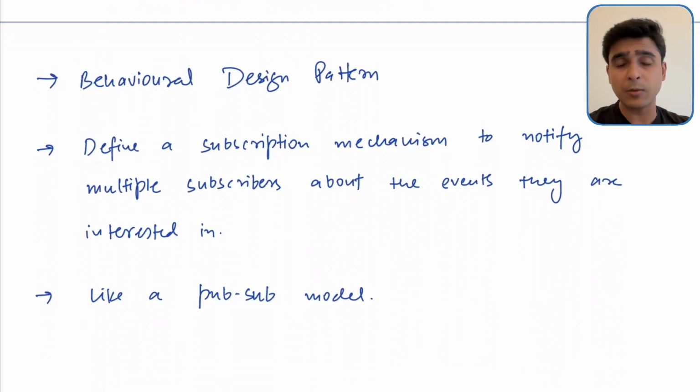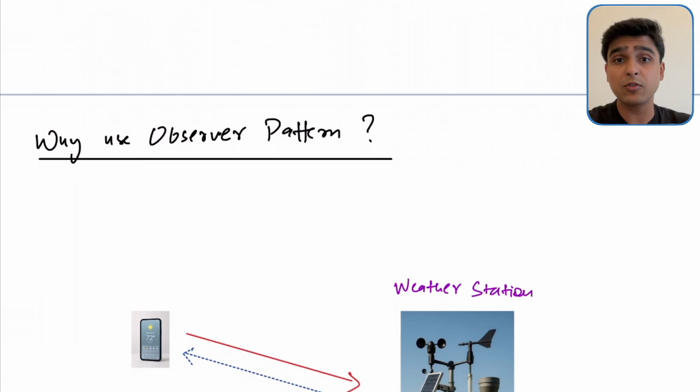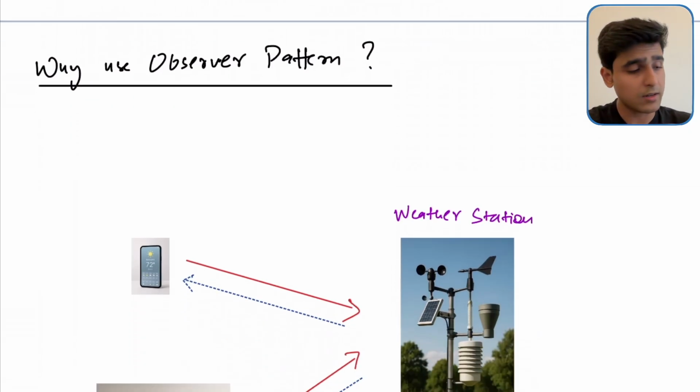A single subscriber could be interested in multiple publishers, and similarly a single publisher can have multiple subscribers subscribing to its events. So it is like the very famous pub/sub model, publisher-subscriber model, and the observer pattern is what facilitates it.